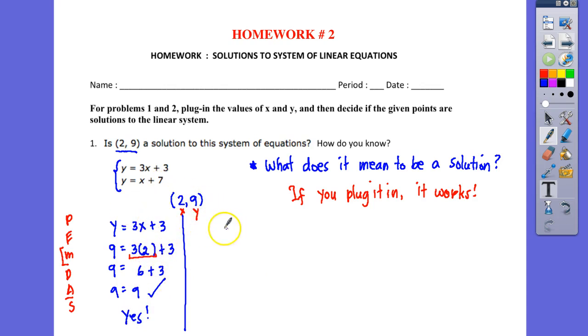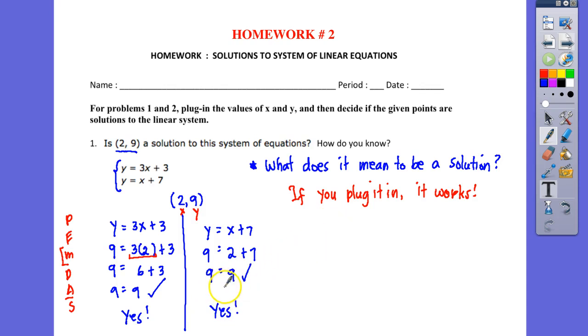Now let's check the second equation. So again, write down the original equation, y equals x plus 7. We're going to check, plug this x and y into your equation if it will work. So y is 9, x is 2, plus 7. Does 9 equal 2 plus 7? Oh yes. So that's a yes.